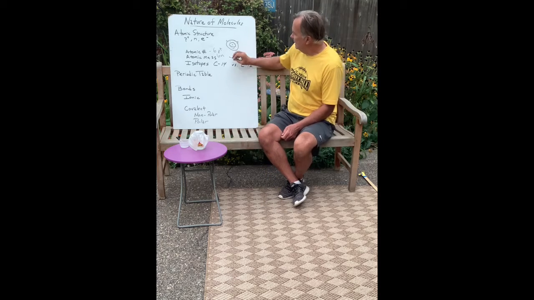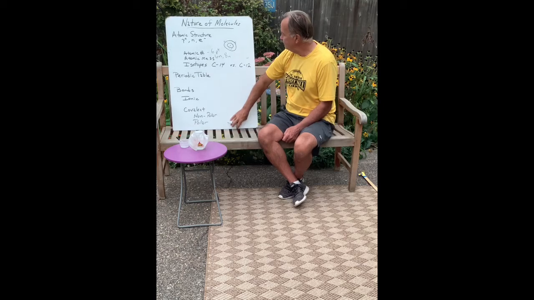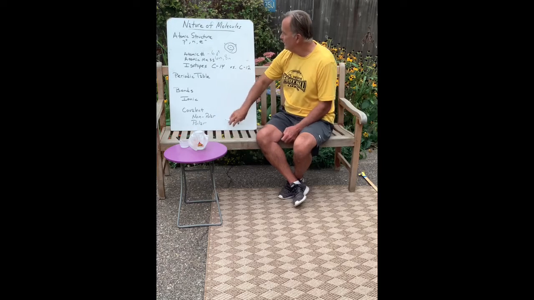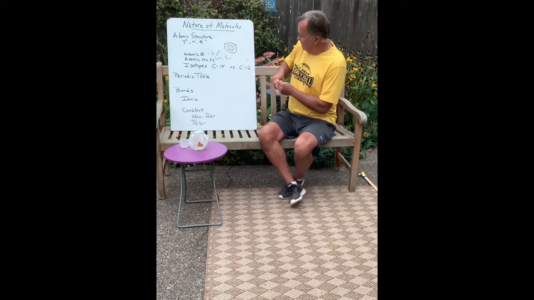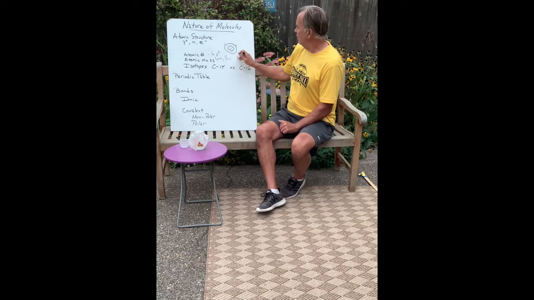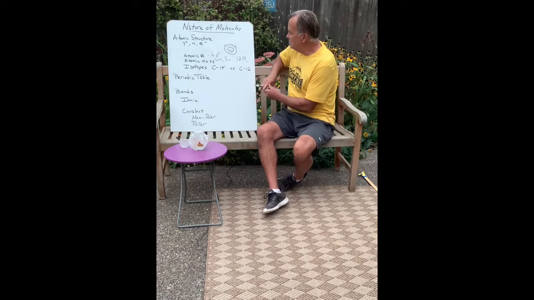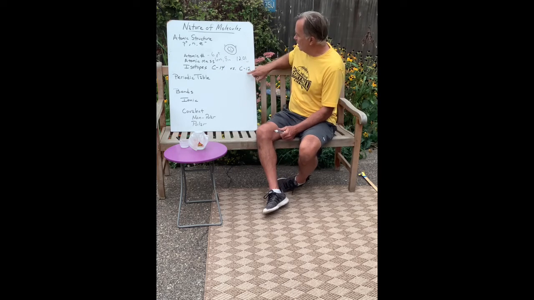Okay. But some carbons have 8 neutrons. Okay, so they're called carbon 14. All right. So when you take the average mass for carbon, it comes out to be 12.01. Okay, which tells you that most of the isotopes are carbon 12, okay, but there are a few 14.